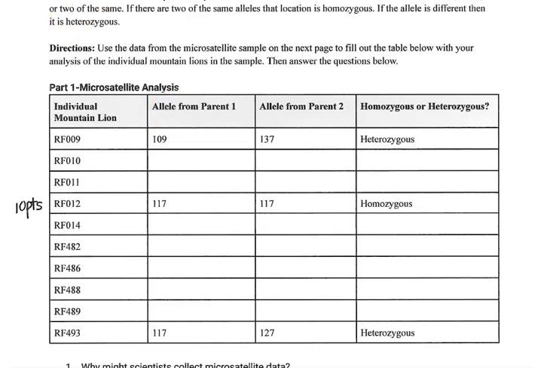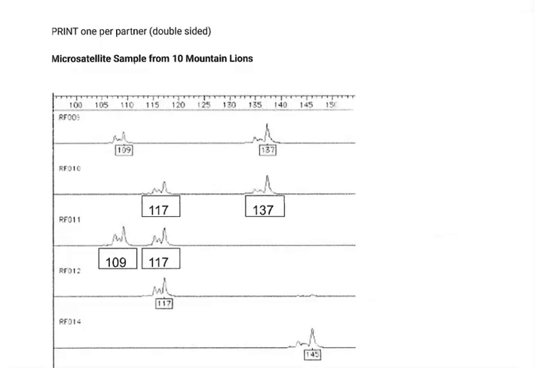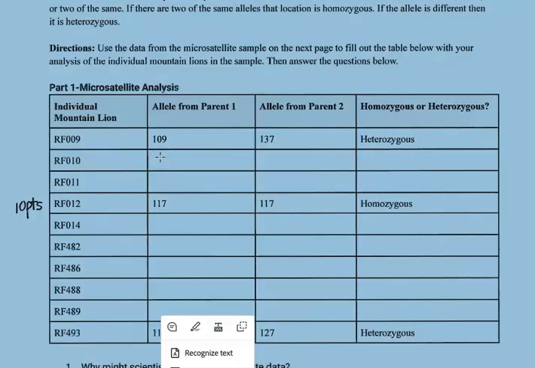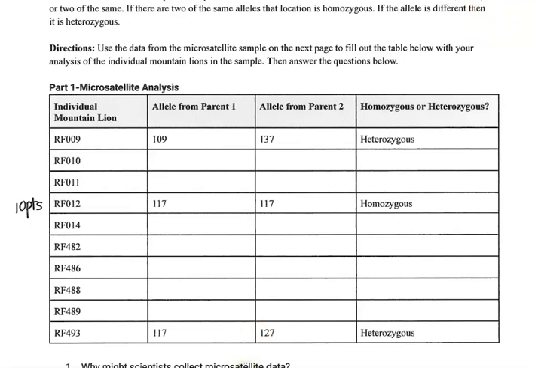I'm going to do one more with you, and then you're going to do the rest on your own. So let's go to RF010. So look at, we have 117, 137. So I'm going to come back here, and I'm going to write 117, and we're going to move that.